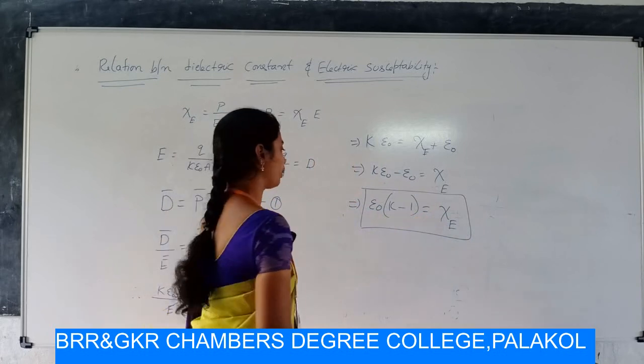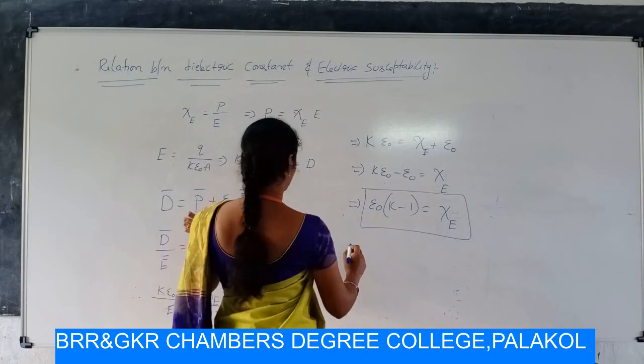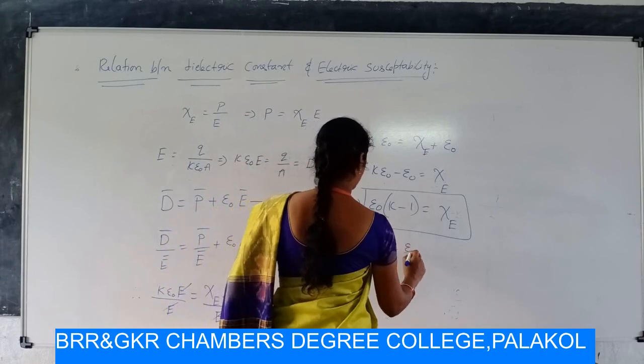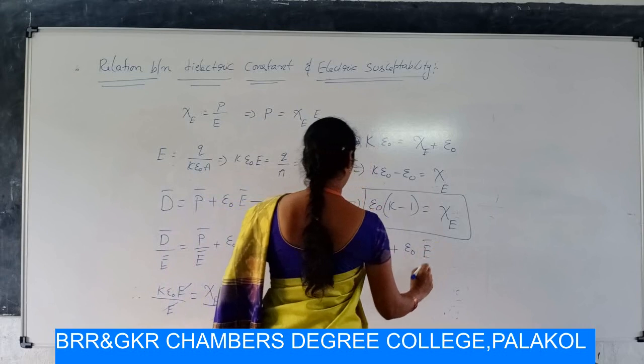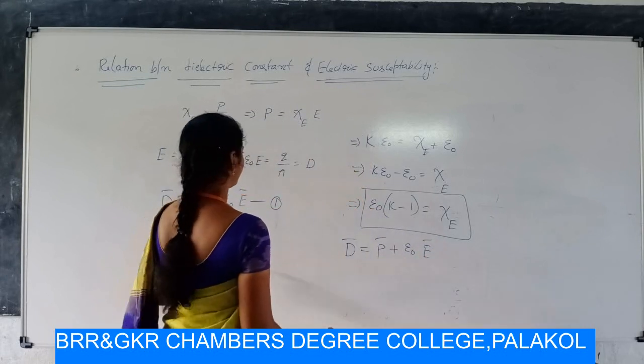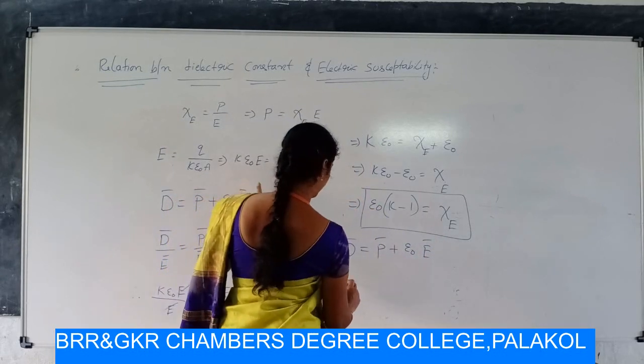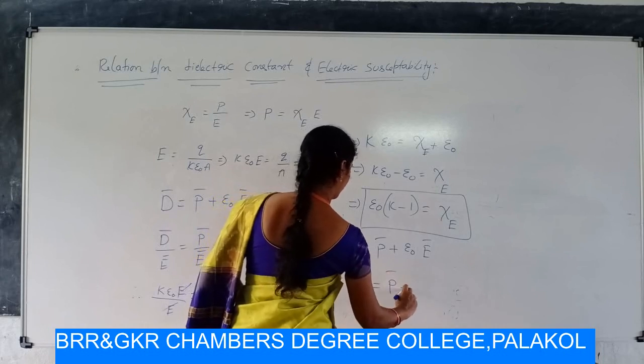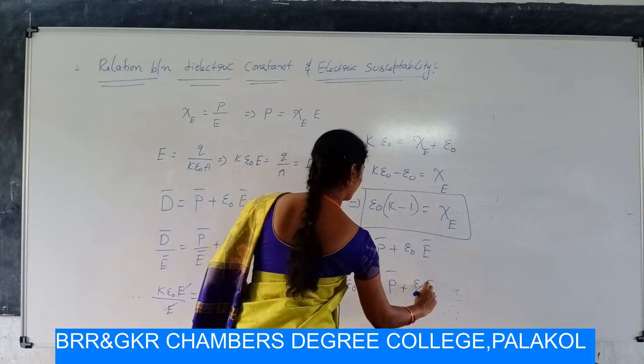And also we prove from the relation D bar is equal to P bar plus epsilon naught E bar, as this D bar term is nothing but k epsilon naught E, is equal to P bar plus epsilon naught E bar.